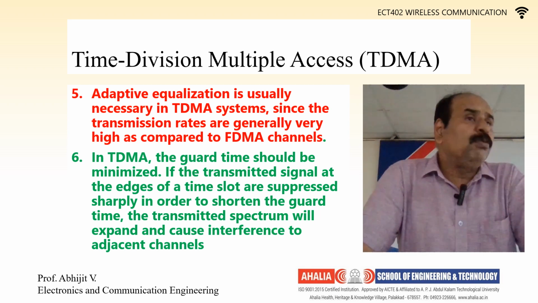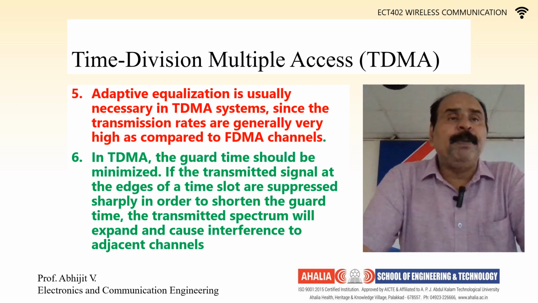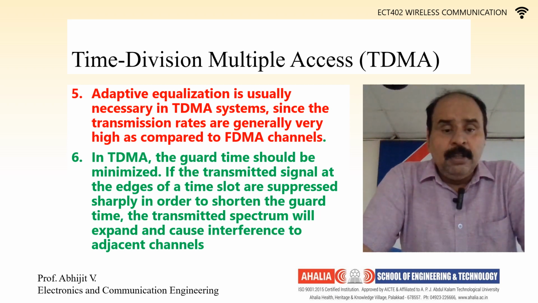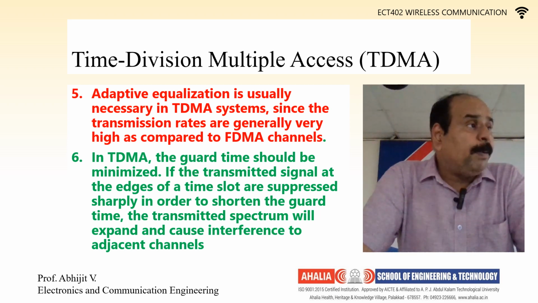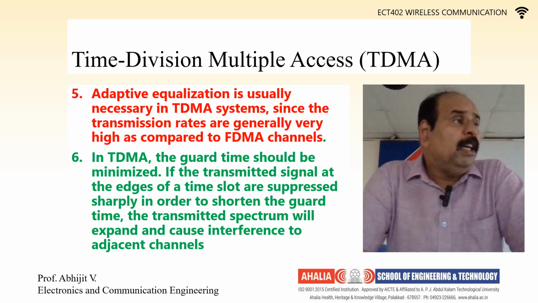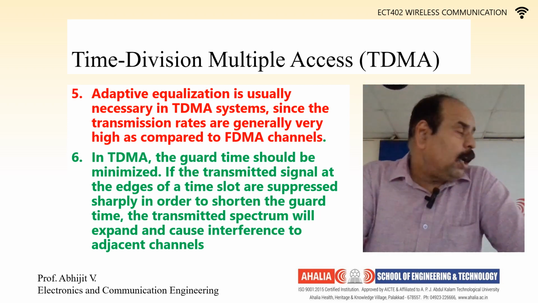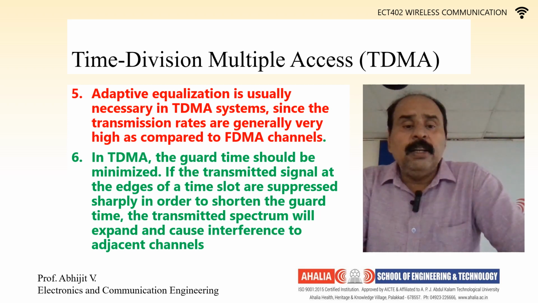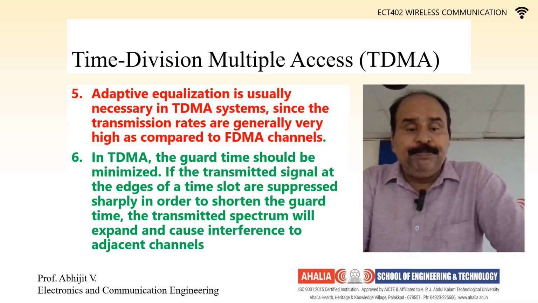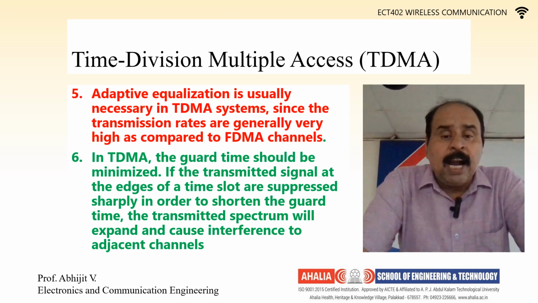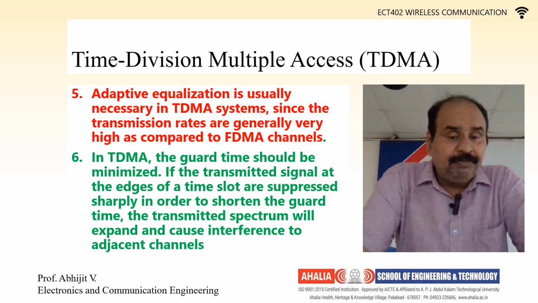The system should be adaptable to the conditions outside. So we need adaptive equalization for a TDMA system since the transmission rates are usually very high when compared to FDMA.